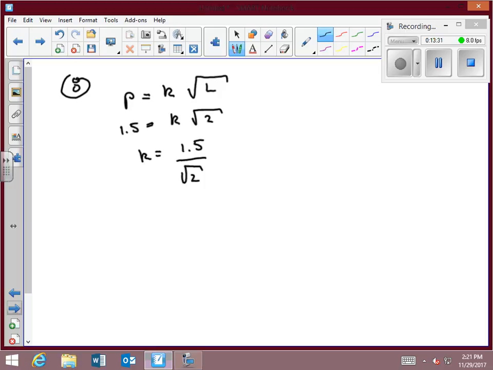Find the period when the length is 5 feet. So P is what we don't know. The constant of variation is 1.5 over the square root of 2. And then it says the length is 5 feet. Remember to take it as the square root of 5.